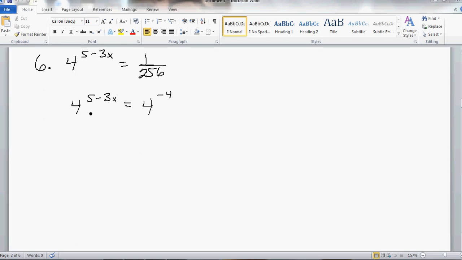And as soon as we get the bases exactly the same, then we know the exponents have to be the same. So we get 5 minus 3x has to equal -4, and then we go from there. Subtract 5 from both sides, and then divide both sides by -3, and x equals 3.